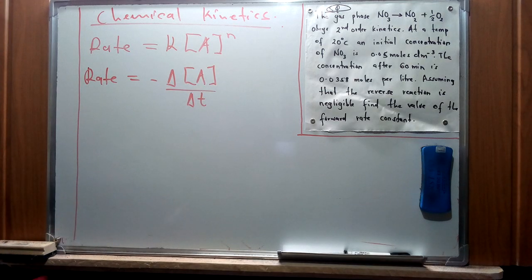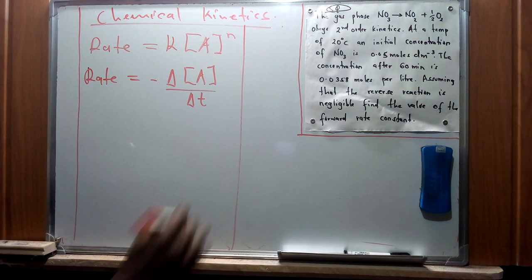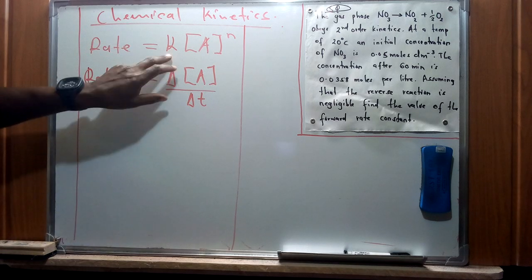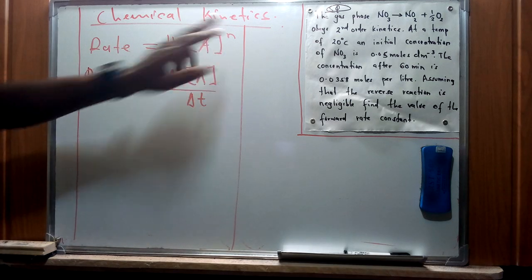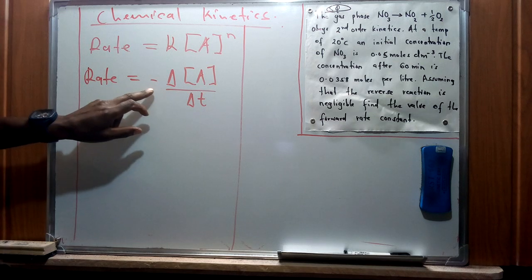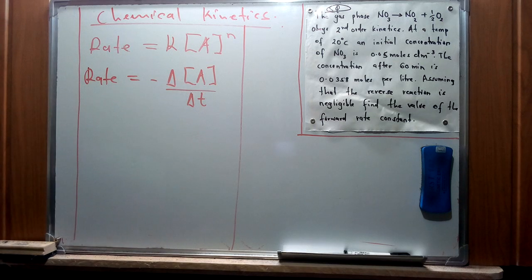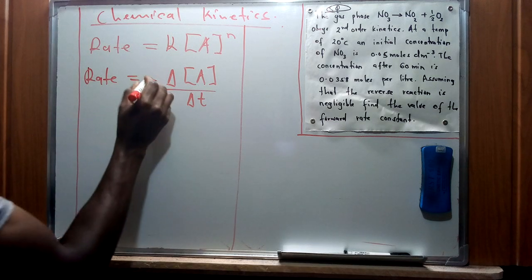We can see that the two equations relate to the concept of rate. Therefore, I can equate the first one and say that k[A]^n is equivalent to the change in A over the change in t, and I've given this a negative sign.